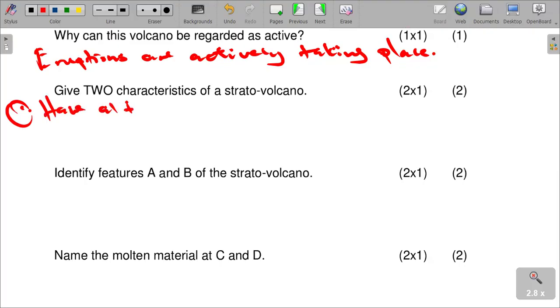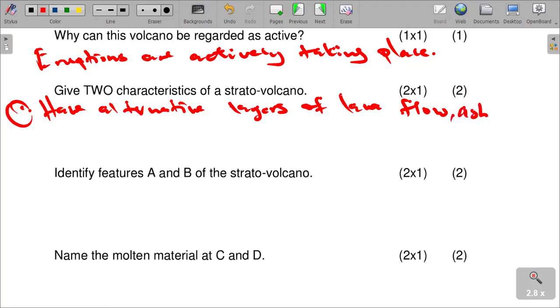One is alternating or layered. They have alternating layers of lava. We have alternating layers of lava flow, which is also shown as we can see the ash, and we also have the cinders that are the characteristics.